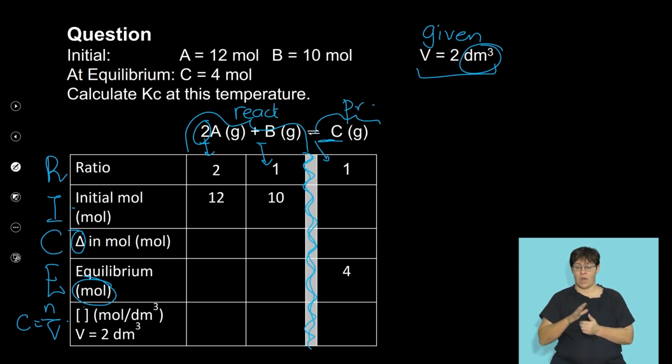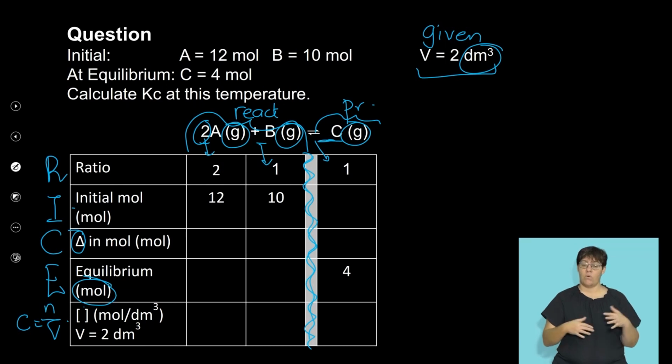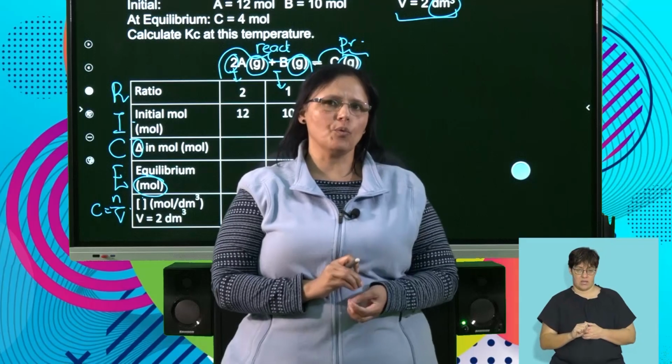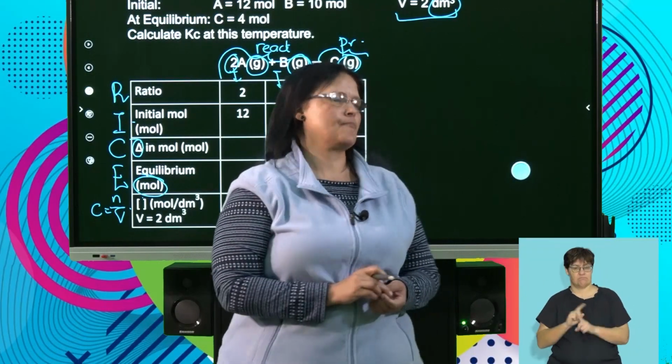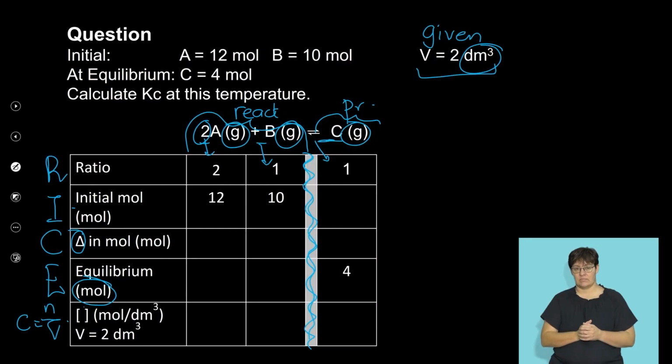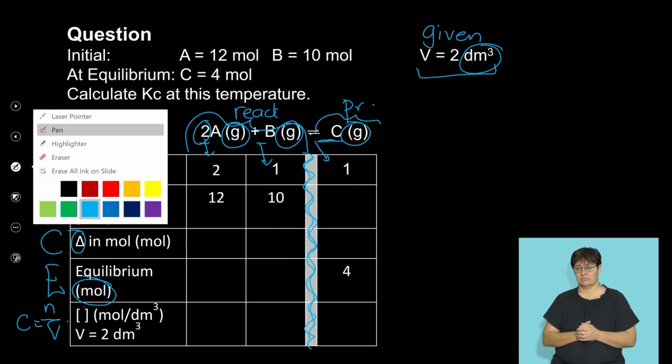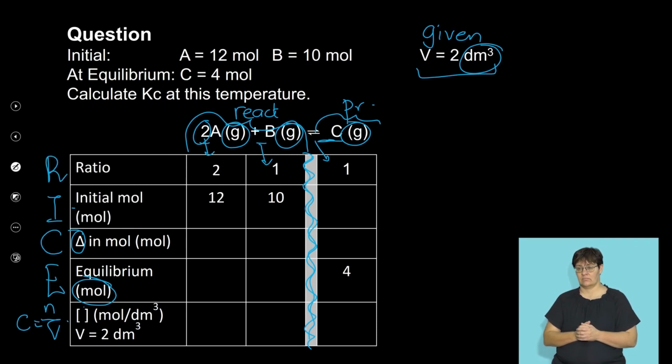I want to focus your attention again that we only use gases or aqueous solutions when we work out the Kc. We do not use liquids and solids. Back to what we're doing, I would like us to use another pen color.